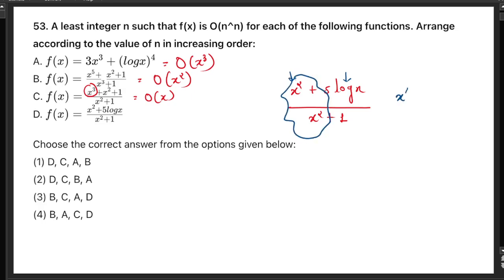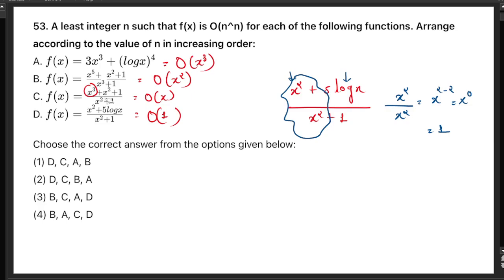So if we consider x square by x square, because we are not going to see the other one, which is the lowest one. So here x square minus 2 will be x to the power 0, which is 1. So here the answer comes as constant. So we can say that this is big O of 1.